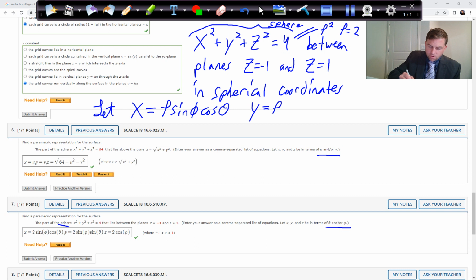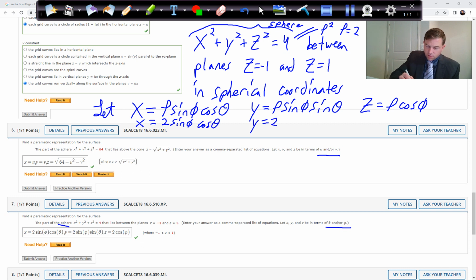Y would be rho sine phi sine theta. Make sure I got this right. Yep. And z would equal rho cosine phi. Well, we know all these things. X is going to be 2 sine phi cosine theta. Y is going to be 2 sine phi sine theta. And z is going to equal 2 cosine phi.